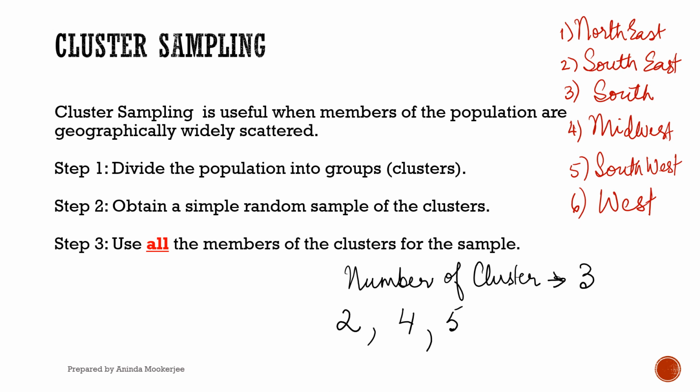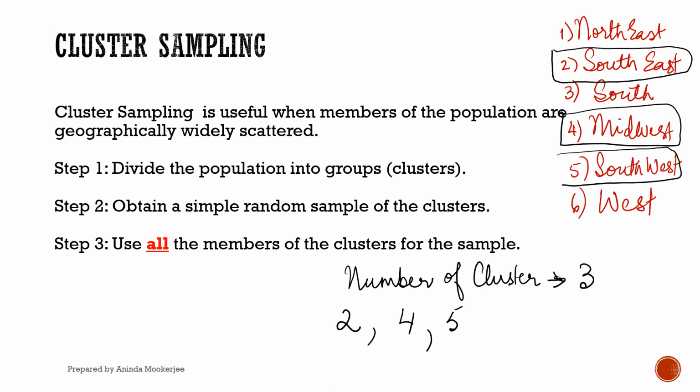So we will have to pick number 2, which is the Southeast in our sample, and then 4, which is the Midwest, and then 5, which is the Southwest. Once we select these clusters, we will include all members in those clusters in our sample. So the sample will consist of all members from these clusters. That's how the cluster sampling technique works.